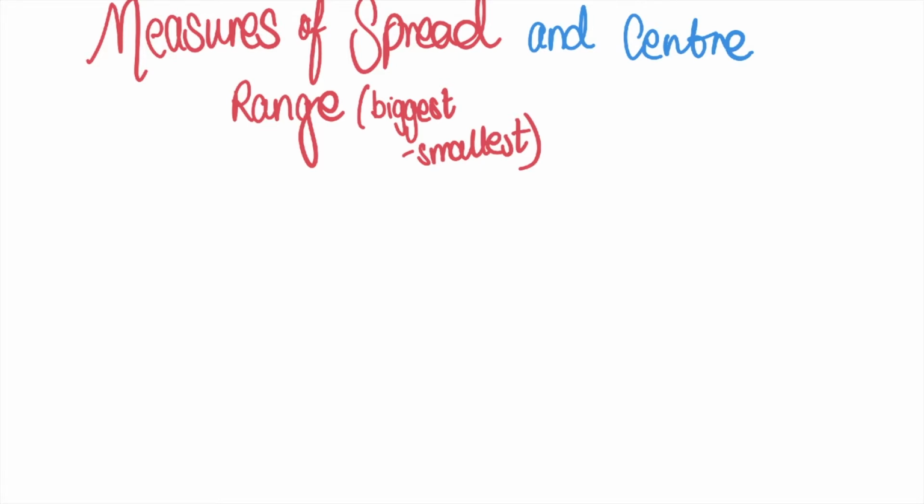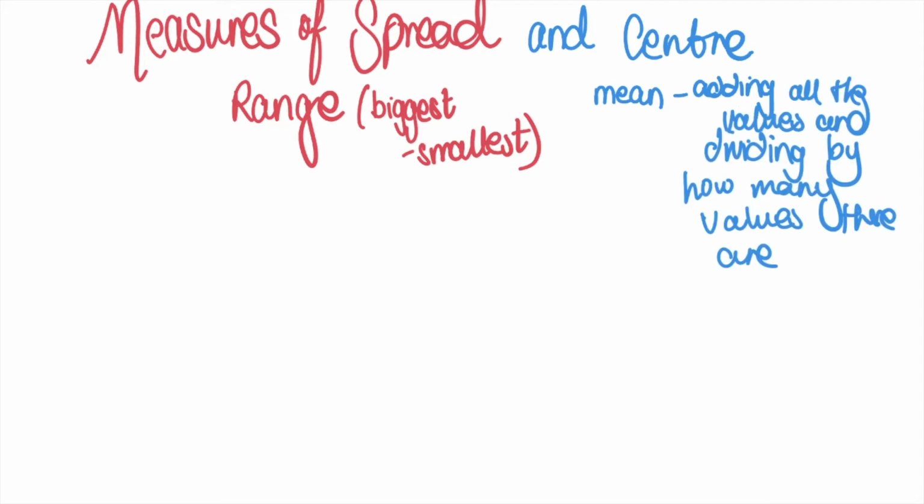And measures of center is talking about how do we describe the middle of a data set. So there's two ways of doing that. There is the mean, which is adding all the values and dividing by how many there are. And there is the median, which is finding the middle of the data when you have ordered all of your data from smallest to largest.